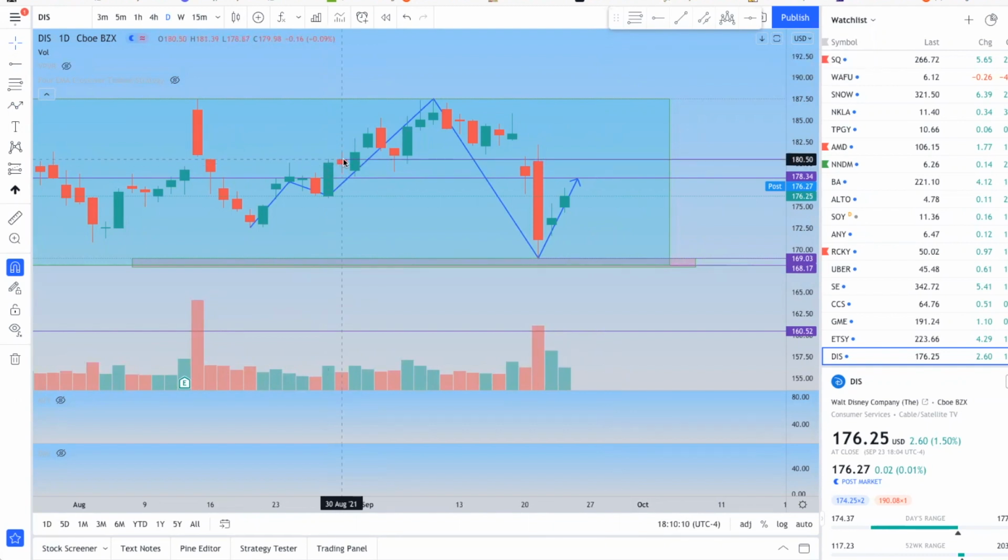There was a pivot right here. This one is not too bad. Here it's maybe a little bit lower. Okay, let's use a range.